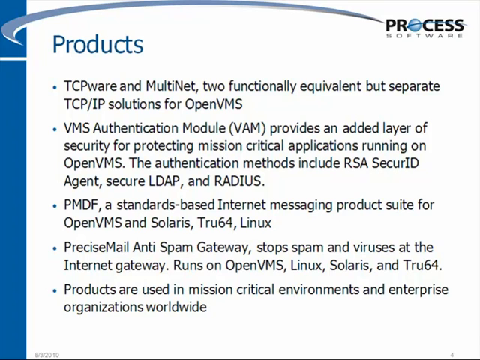It offers RSA SecurID Agent, which is two-factor authentication, Secure LDAP, and RADIUS authentication. PMDF is an email messaging suite we offer on VMS, Solaris, and Unix. Precise Mail Anti-Spam Gateway is our anti-spam product that stops spam and viruses. And these are used in many mission-critical environments.